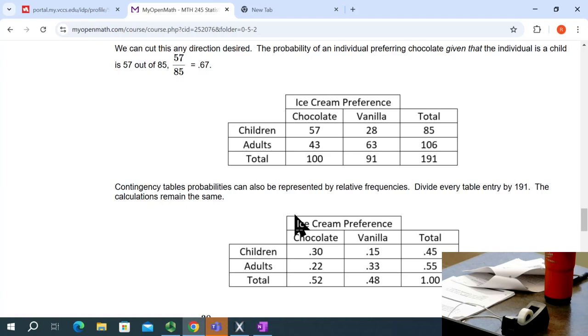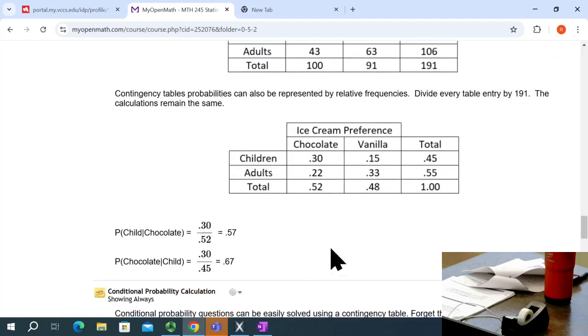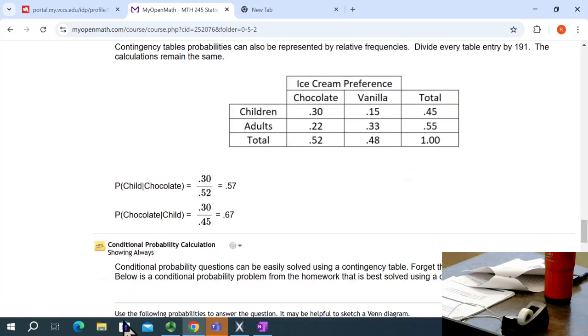Therefore, and then it goes back in another dimension. So these are the individual things. These are the probabilities. Every one of them is divided by that 191. Right?